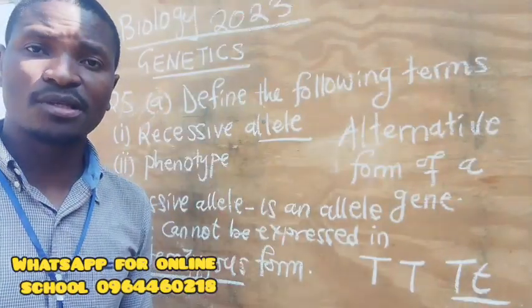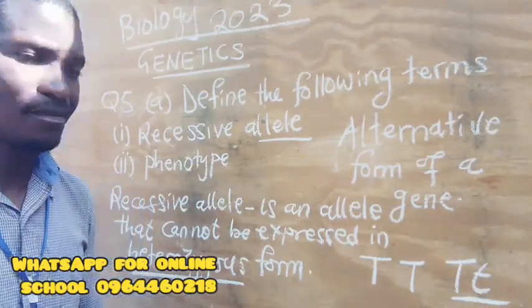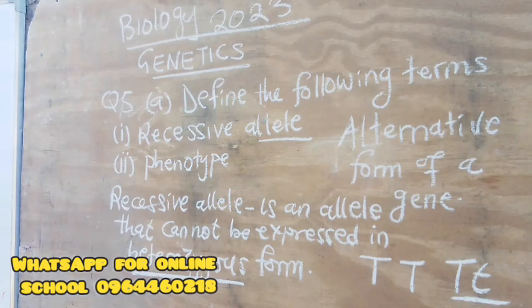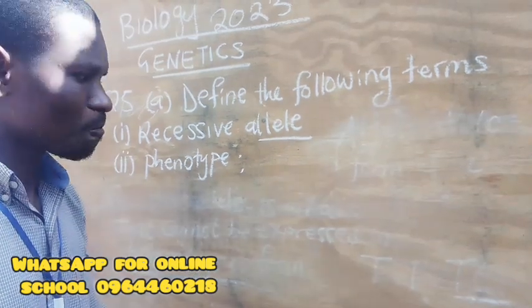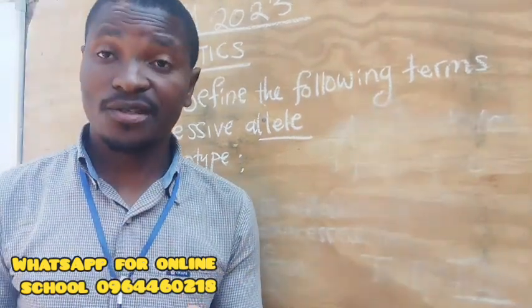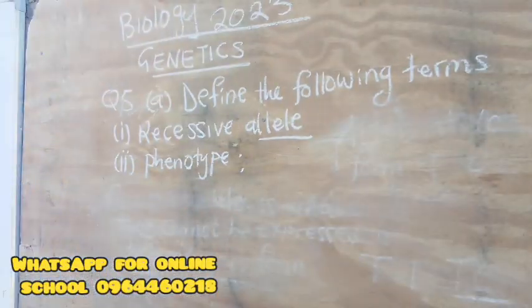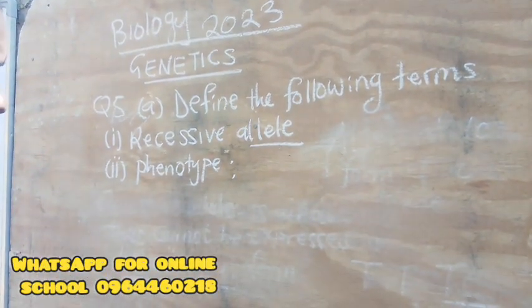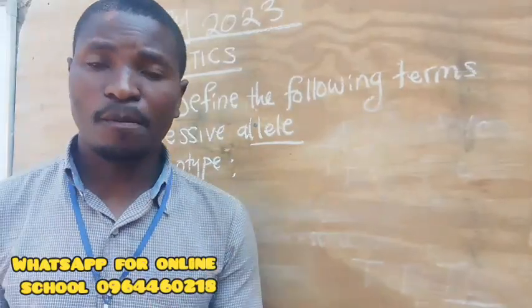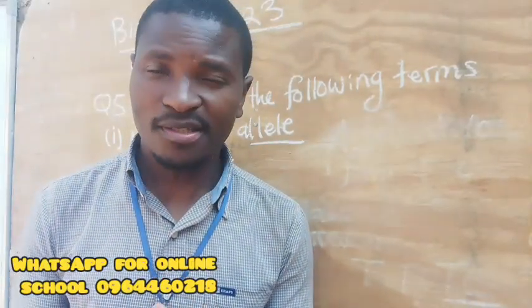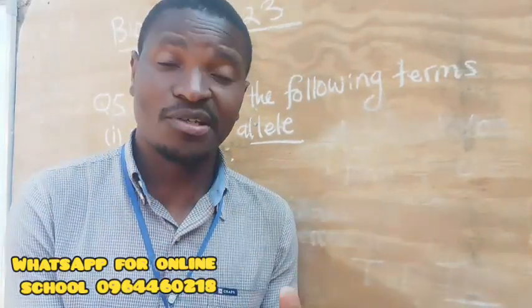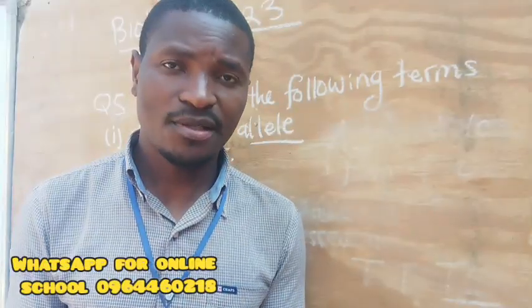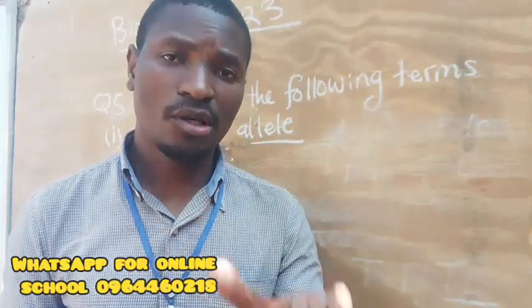what is called a phenotype. So what is a phenotype? A phenotype is simply the outward appearance of an organism or individual.